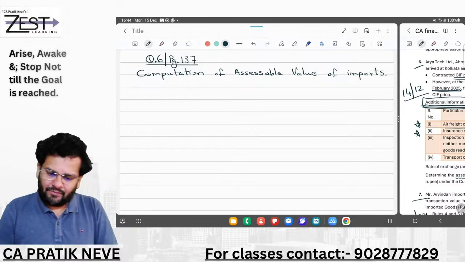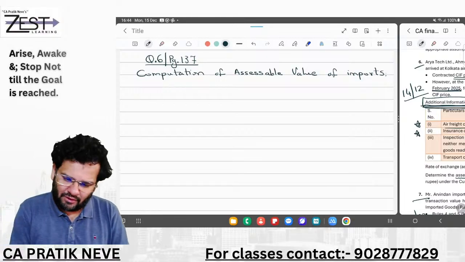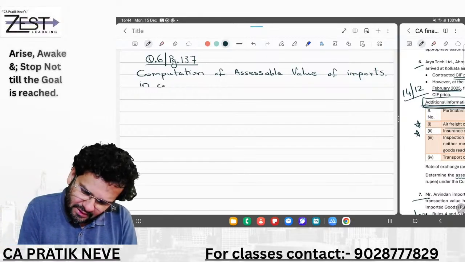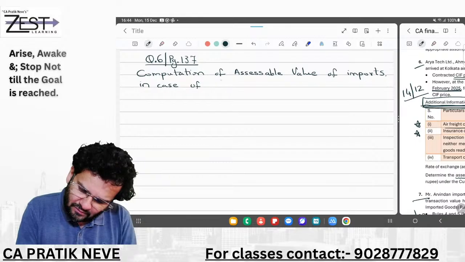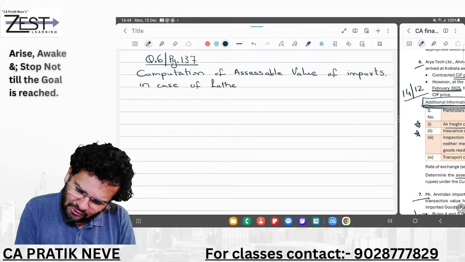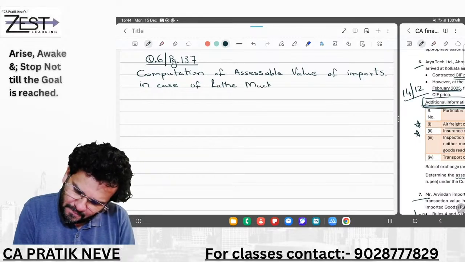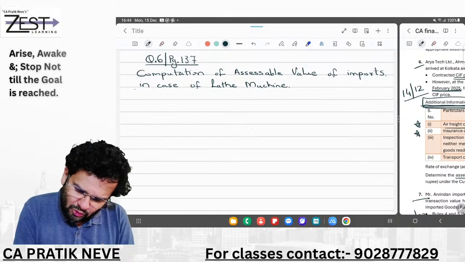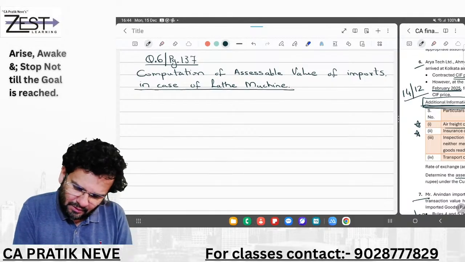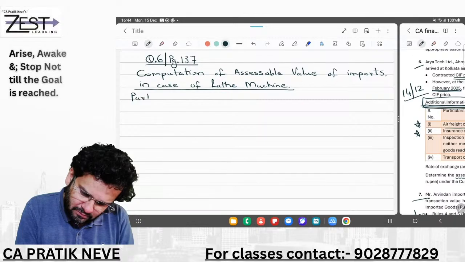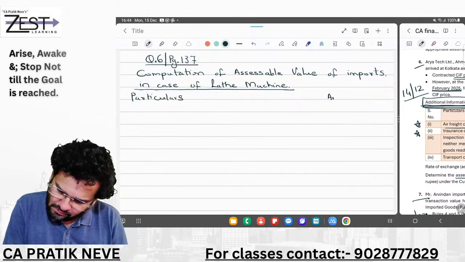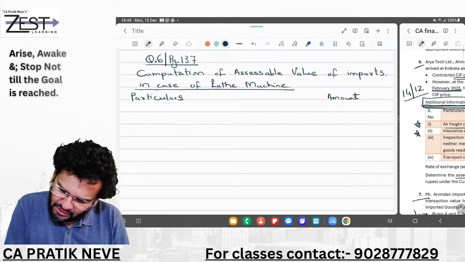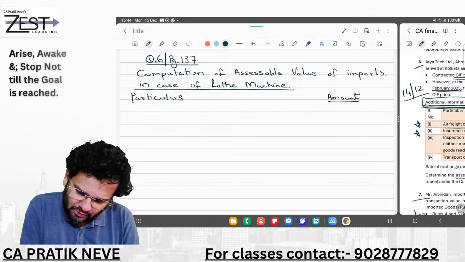Computation of assessable value of imports in case of lathe machine. Okay, what you can do is, particulars, and you can do amount.